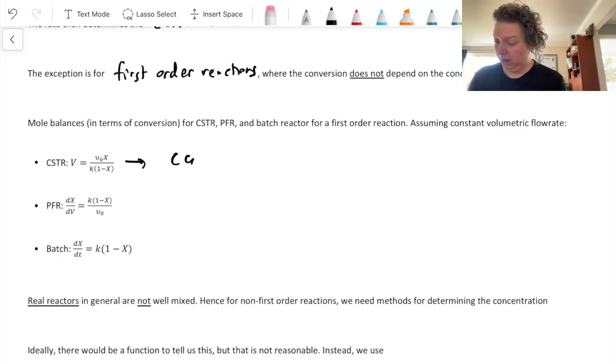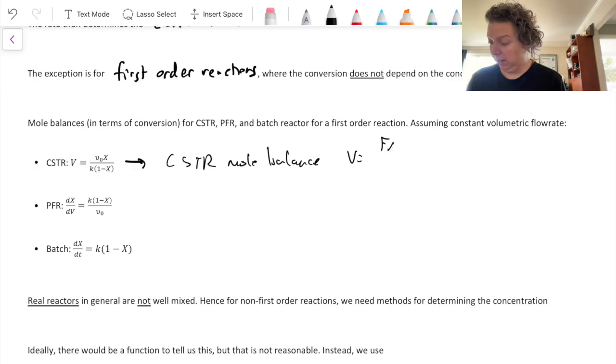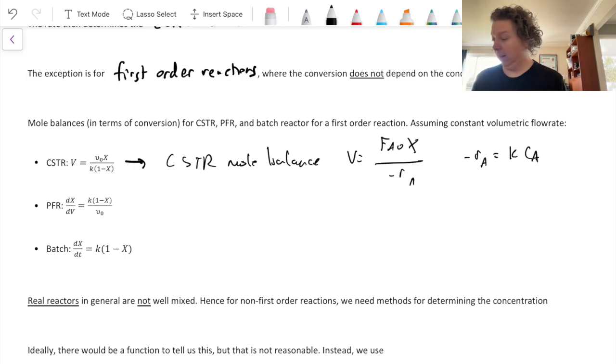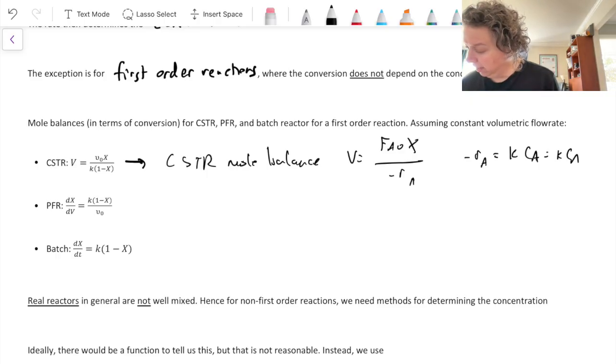The CSTR mole balance is V equals FA naught X over minus rA. If the reaction is first order, then the rate would be k times CA. Let's assume it's a liquid phase reaction so that there's no change in the volumetric flow rate. Then the rate would be k times CA naught times (1 minus X).